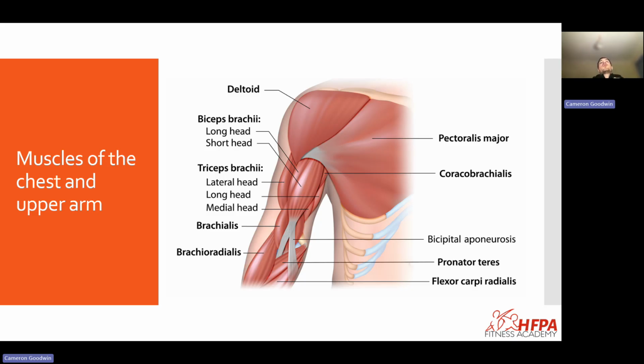So if you are able to train more compound exercises and movements first, of course, equipment availability dependent, but ideally, if you are able to put those exercises first, then you will be able to, A, get the most out of that main muscle that you're targeting and not the assisting muscles and the other stabilizers involved.